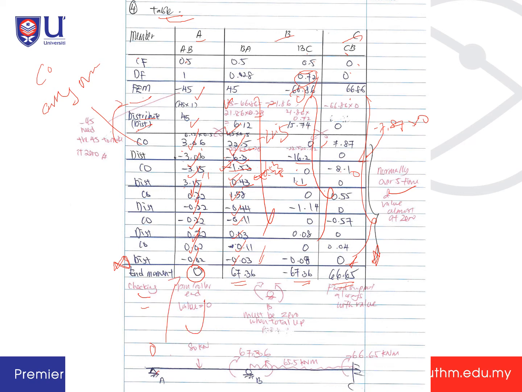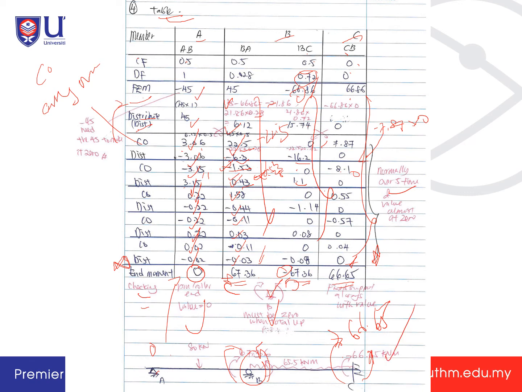At support B, left and right must be the same, so the clockwise and counterclockwise values must be the same. Now you get both the same, 67.73, one positive, one negative, so it's correct. And at the fixed end support, you get positive 66.65.